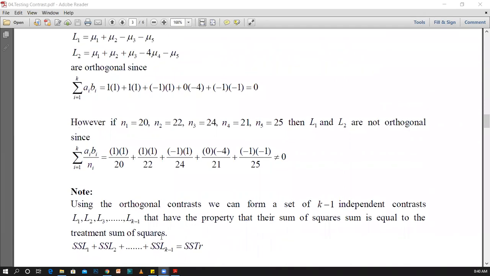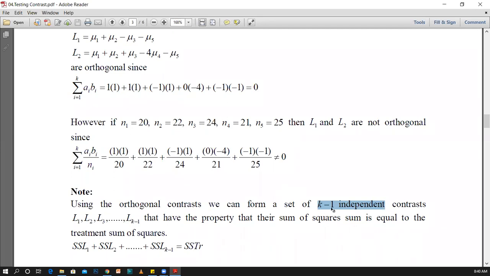Okay. When we are defining these orthogonal contrasts, there can be many more contrasts, but we can identify k minus 1 independent contrasts. It means there should be only k minus 1 independent contrasts if we are identifying orthogonal contrasts.